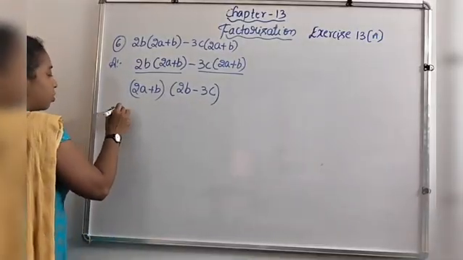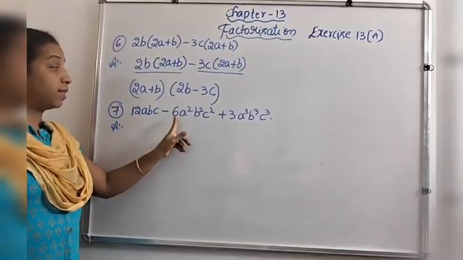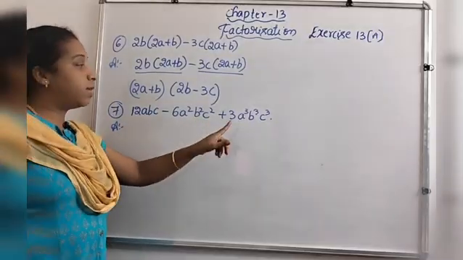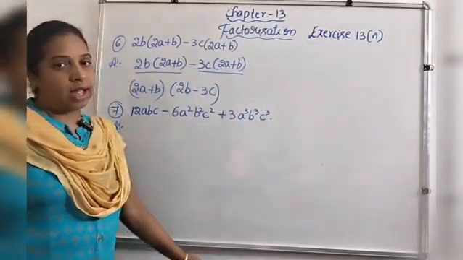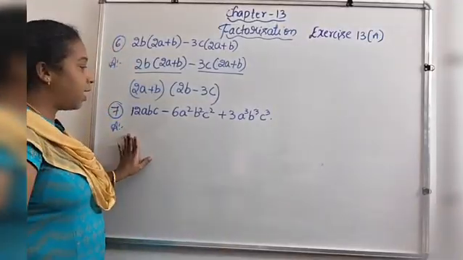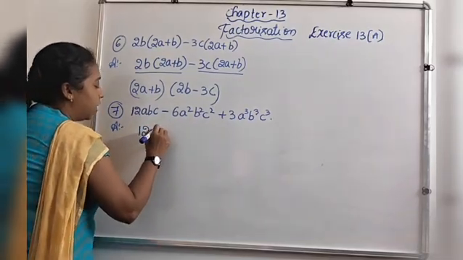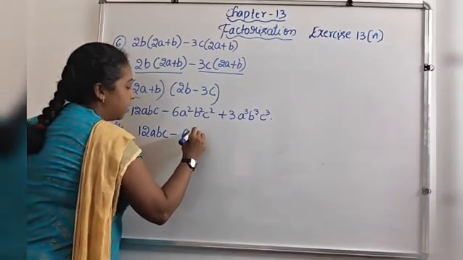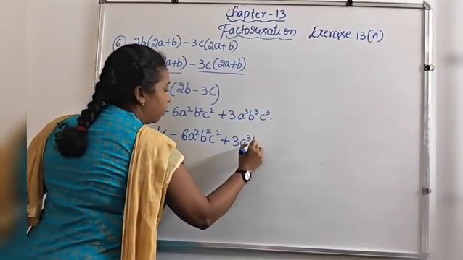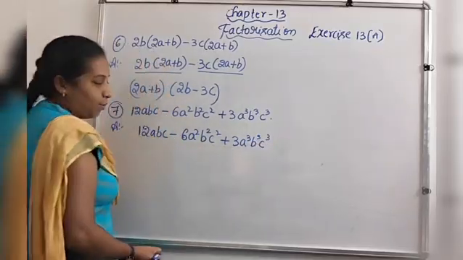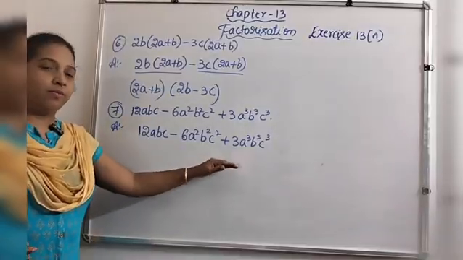So shall we go for the seventh question? This is the seventh question. 12abc minus 6a square b square c square plus 3a cube b cube c cube, right? Yes. So as usual, write down the question first. 12abc minus 6a square b square c square plus 3a cube b cube c cube. Okay, now we have to guess which is the common factor.